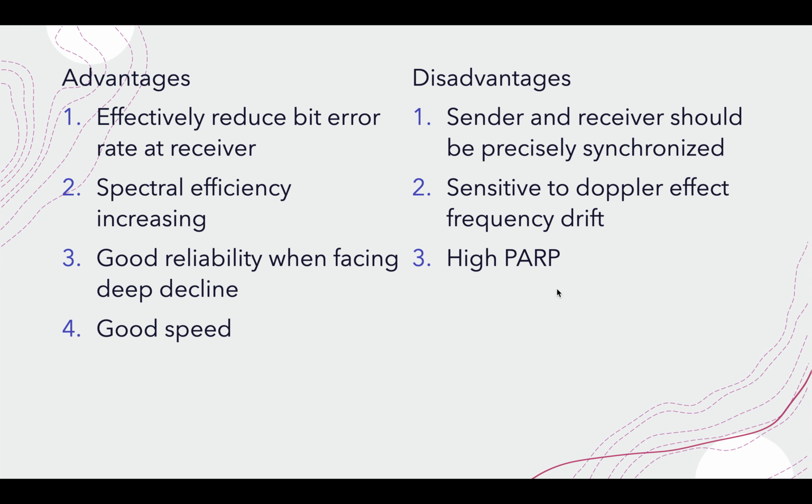Also, there are some disadvantages, like the sender and receiver should be precisely synchronized, and OFDM is sensitive to Doppler effect and frequency drift. Also, it has a high PAPR, which is peak to average power ratio.